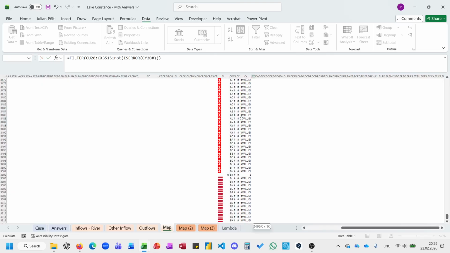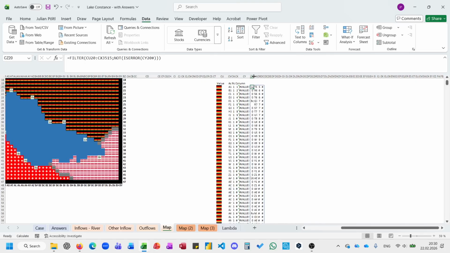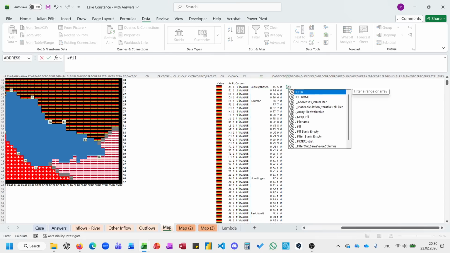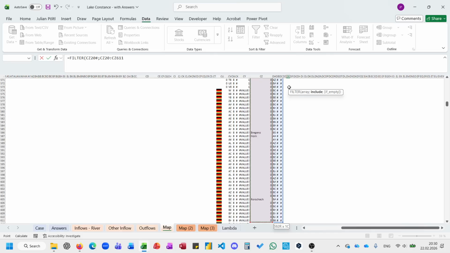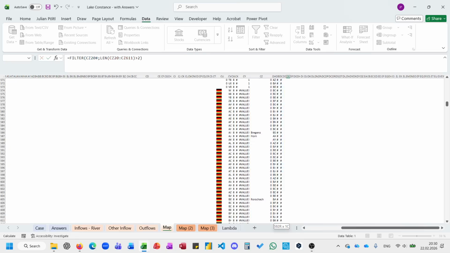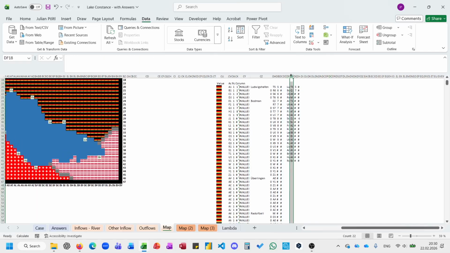So to get rid of the flags, and you then get here a few zeros and our cities, and then I filter again the whole table if this here is of LEN of this. Let's take LEN of this is larger than 2, and we then simply get only our cities.